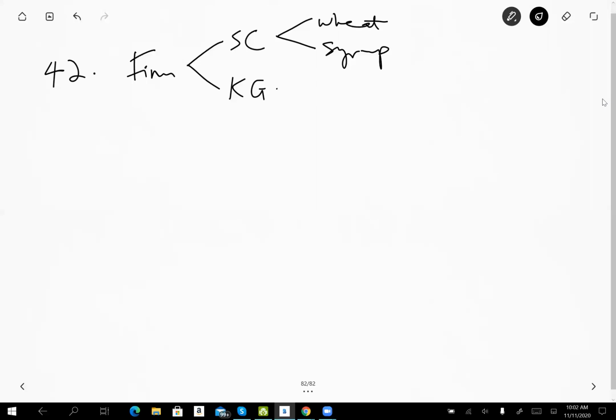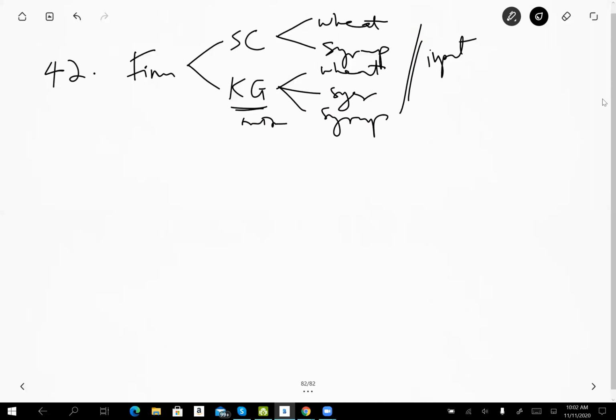And then for the kids, they need wheat, sugar, syrup. So here are the outputs, okay? These are the inputs. So we're going to make an objective, and then come up with the constraints, get the problem.